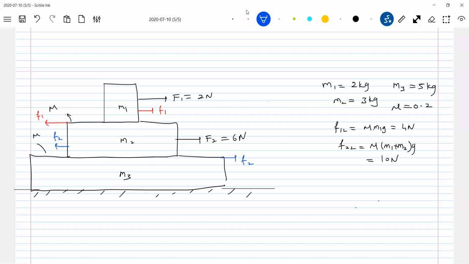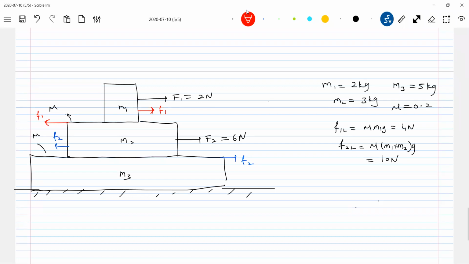The friction should have been here, backward. If I get the frictional force negative, then I change the direction. We should be ready for that also. By chance, if the friction comes negative, what you assumed is opposite to the actual direction. Because we are not very sure in what direction the frictional force between block M1 and 2 will act, let's assume one direction and carry on.